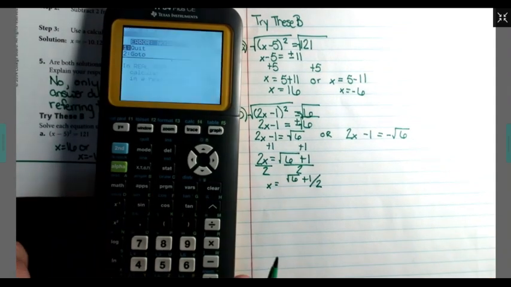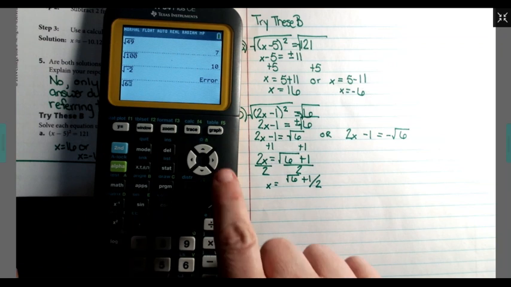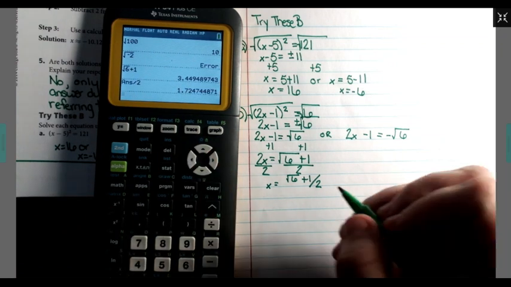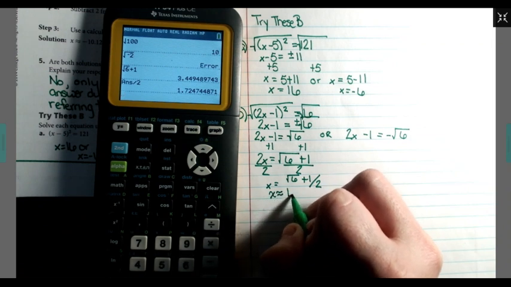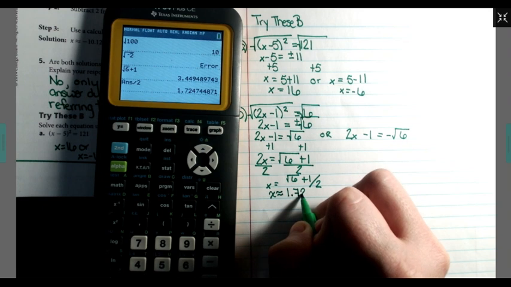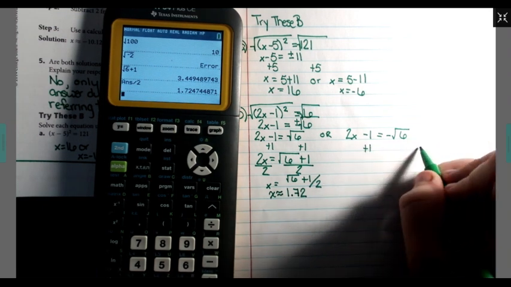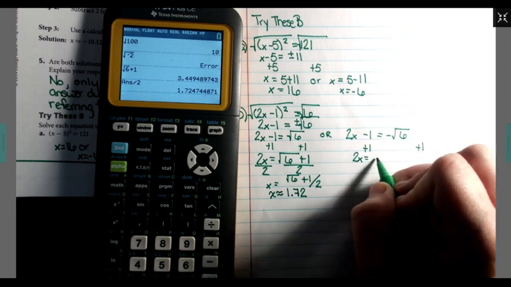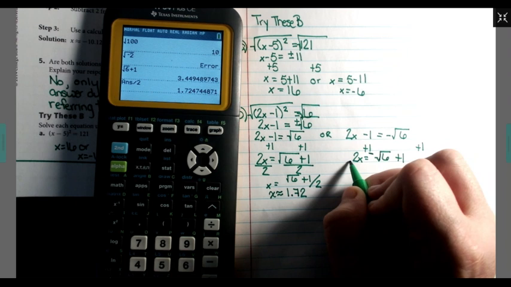I'm going to do this over on my calculator. Square root of 6 plus 1. We're going to take that answer and divide by 2. X is approximately 1.72. Here we're going to add 1 again. So that's 2x equals the negative square root of 6 plus 1.